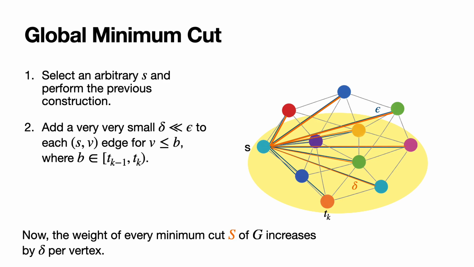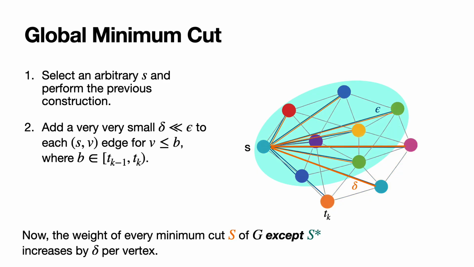The red vertex, the blue vertex, and the green vertex. And the weight of all three of these edges increases by delta, right? All three edges in this new partial star increase by delta, right? So the weight of the whole cut increases by delta per vertex. And this is true for all minimum cuts S except S star, right? Because S star is the cut where one of the vertices on the other side is Tk.